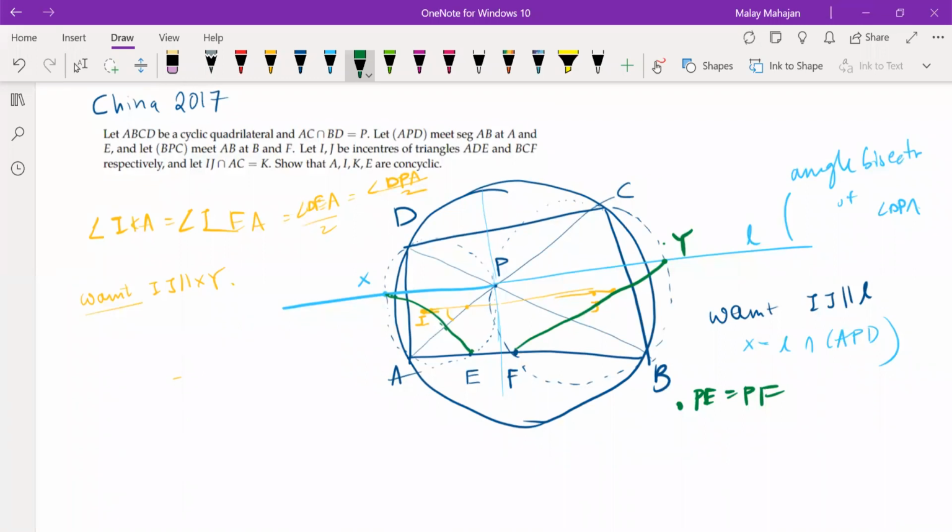Angle DEF will be 180 minus DEA, which is PDA. Angle PEF is angle PDA from this cyclic quadrilateral. Do you see why? Yeah, fine. And similarly for the other side, you get these two angles.